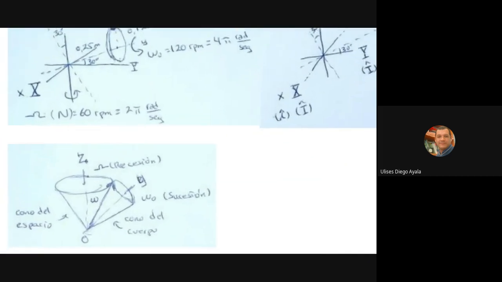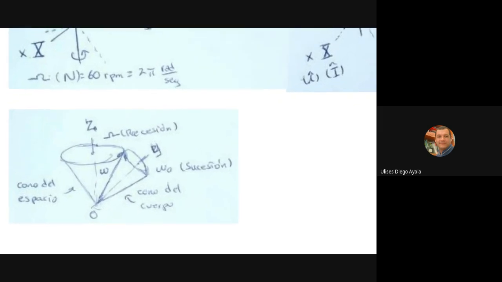If we have a system like this, we have this movement. The end rotates in a circle. So since the end rotates, in this case we call it omega, it goes like this, depending on the direction.